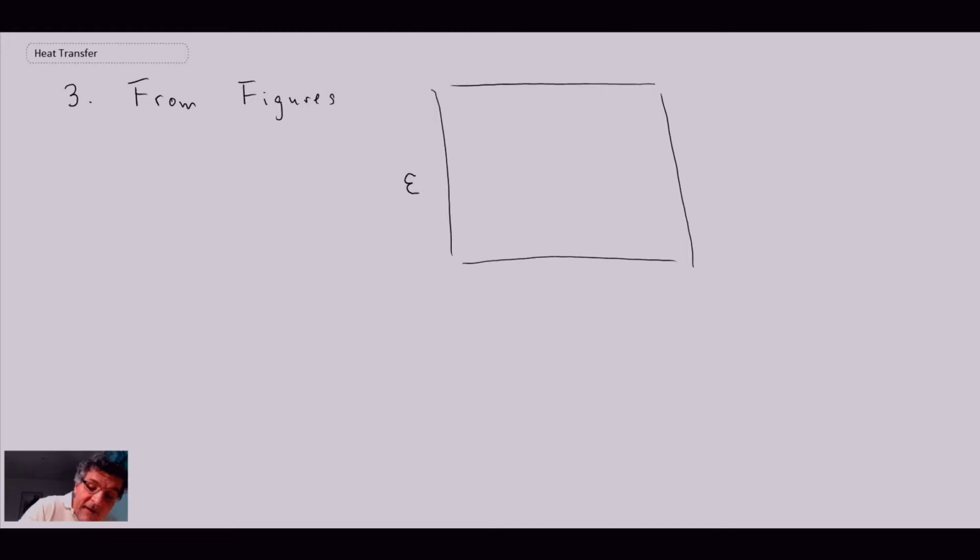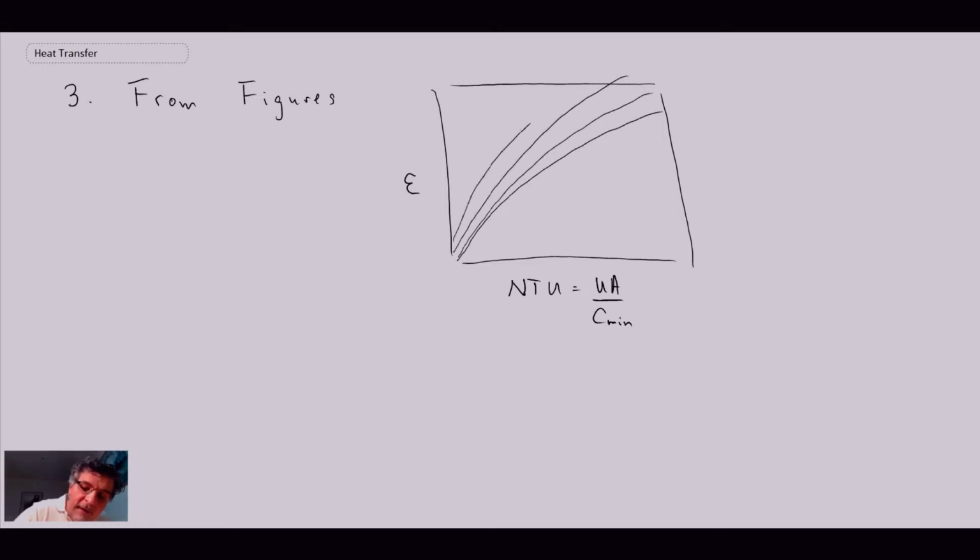We have effectiveness on the vertical, and on the horizontal the number of transfer units, UA divided by Cmin. Then we have different curves for different values of CR, starting with CR equals 0, and asymptotically CR equals 1 at this point here.